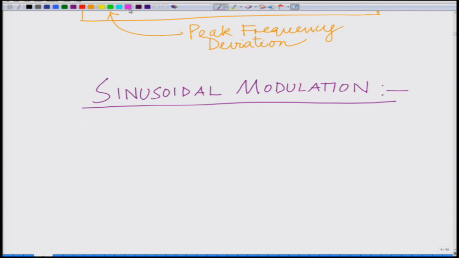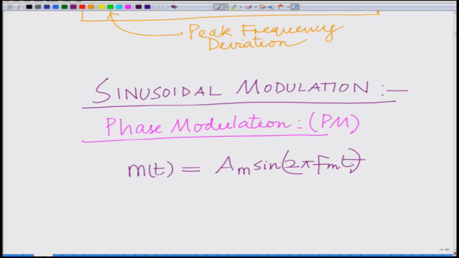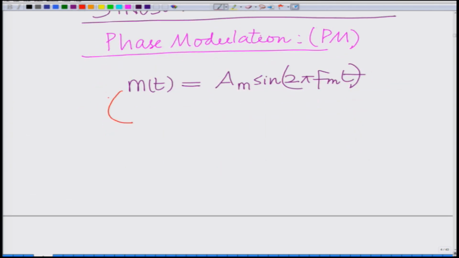Let us once again start with phase modulation, that is PM, and let the modulating message signal be m(t) equals A_m sin 2 pi f_m t.